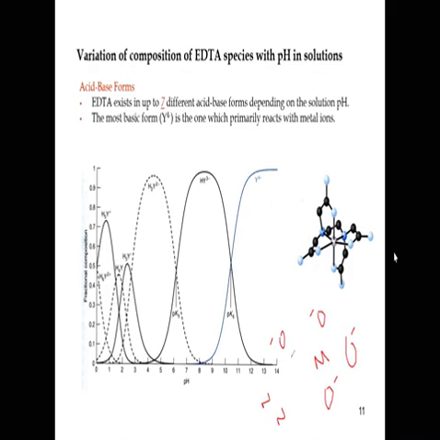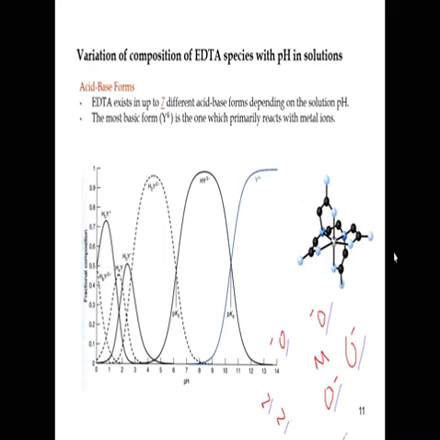Now 1, 2, 3, 4, 5, 6 electron donor groups of the EDTA molecule.